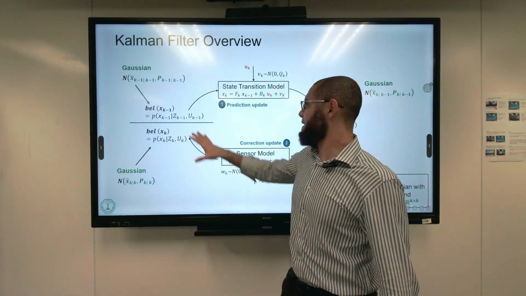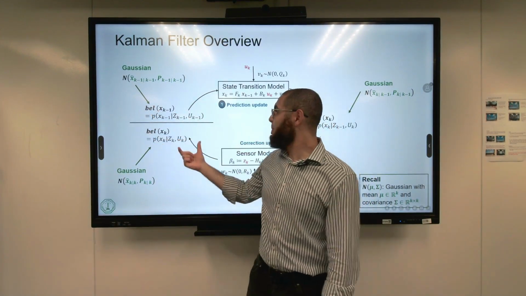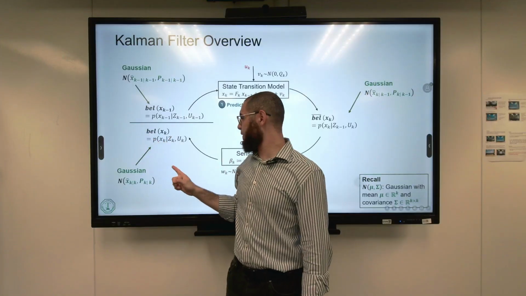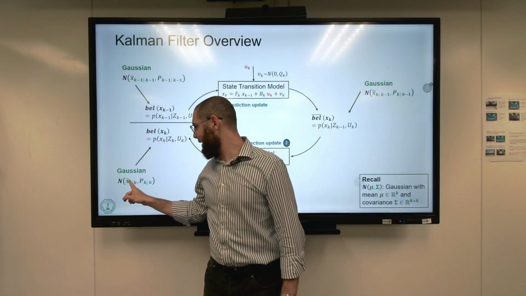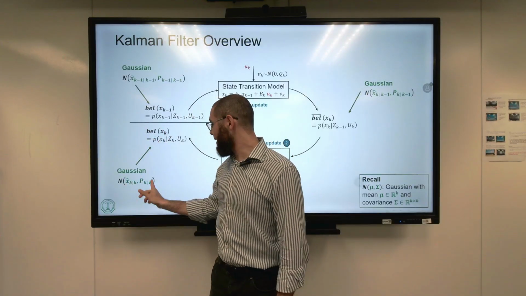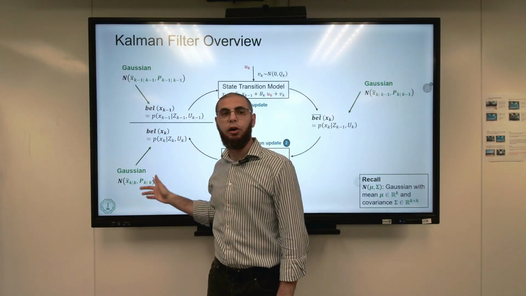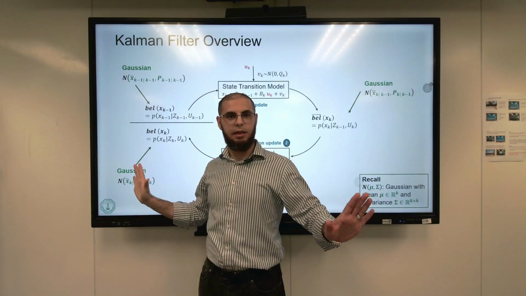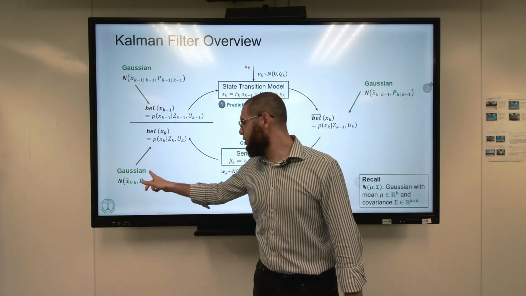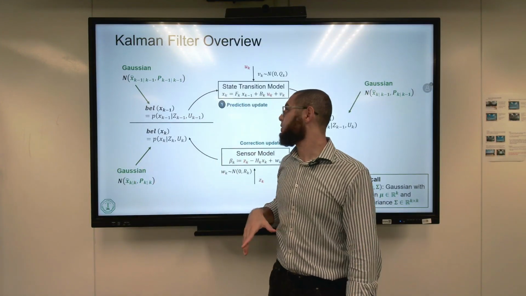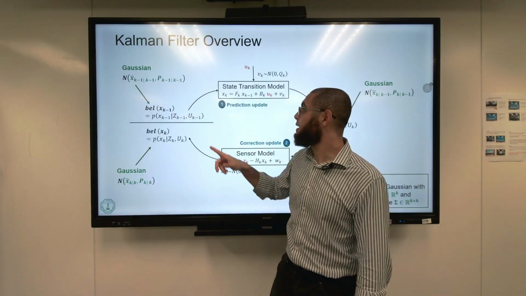Does that make sense? So you see, the belief at xk is simply given by x hat k bar k and p k bar k.